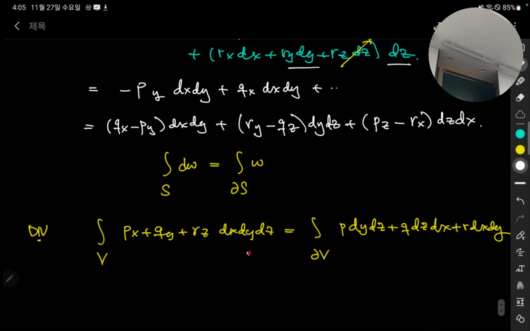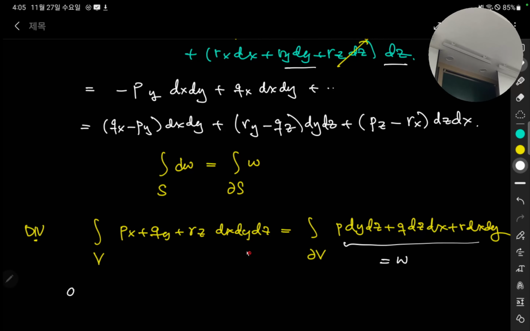So we do the same thing here. So take this as the omega. Now the omega has two d's in each term of the summation. It's called a 2-form.